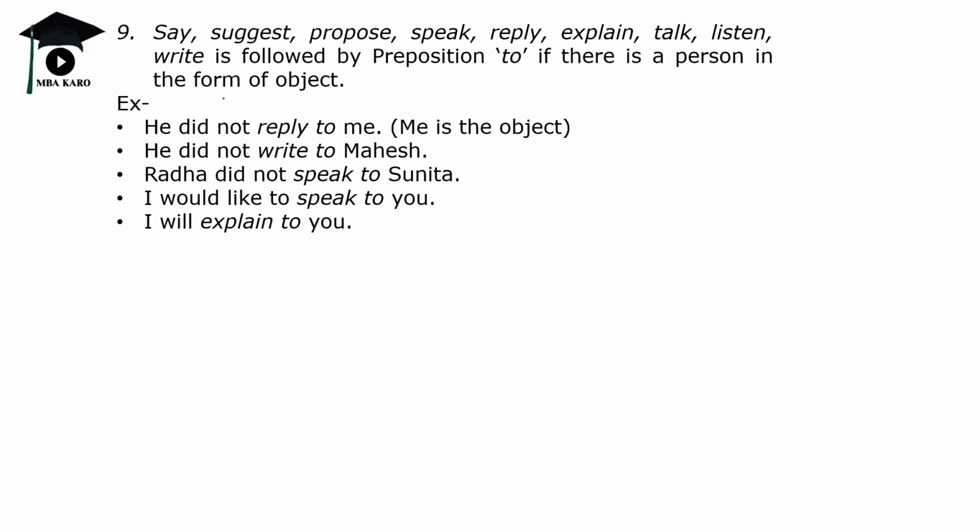It says, whenever we use say, suggest, propose, speak, reply, explain, talk, listen, write, these words are followed by preposition to, if there is a person in the form of object.